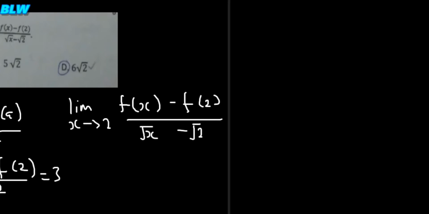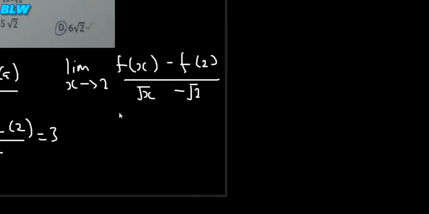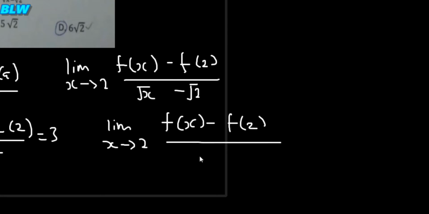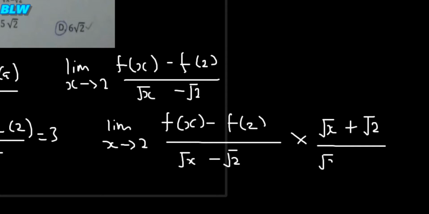So you can simplify this to become the limit as x approaches 2 of f of x minus f of 2 all over root of x minus root of 2. So I'm multiplying by the conjugate of this, so that will be times root of x plus root of 2 all over root of x plus root of 2.